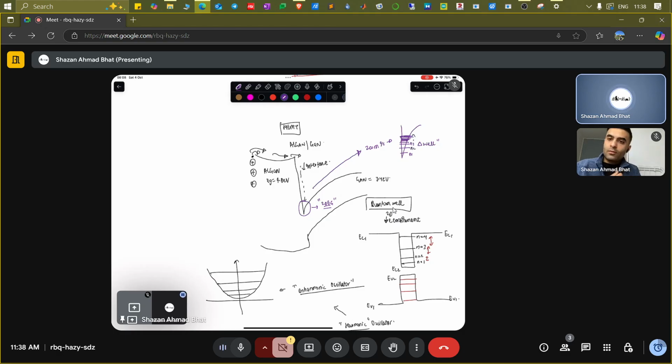So in this particular case, the energy spacing becomes closer and closer as you go to the higher energy levels, which is opposite to the case of the quantum well.